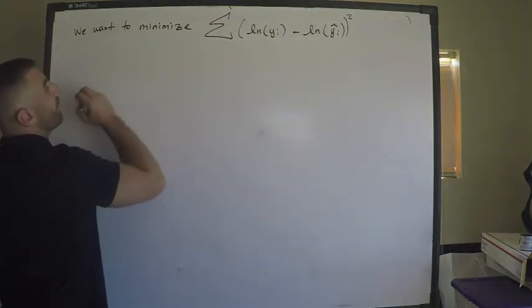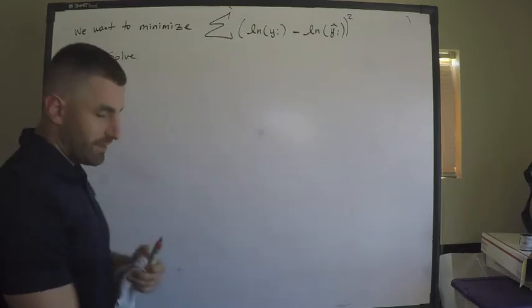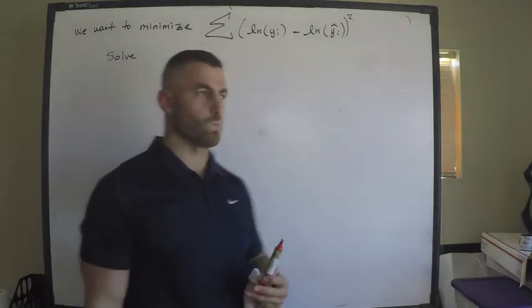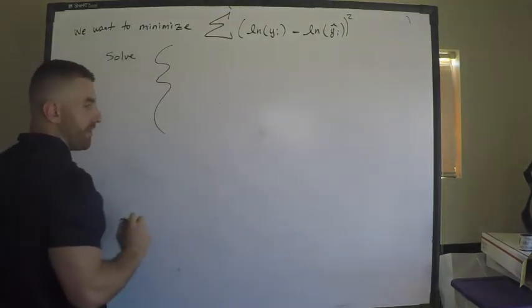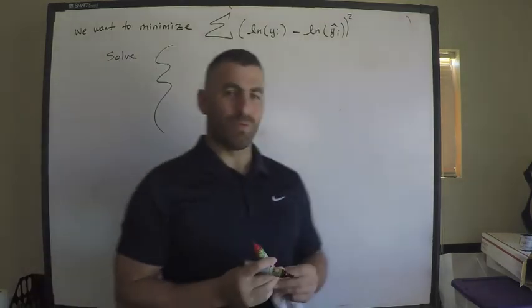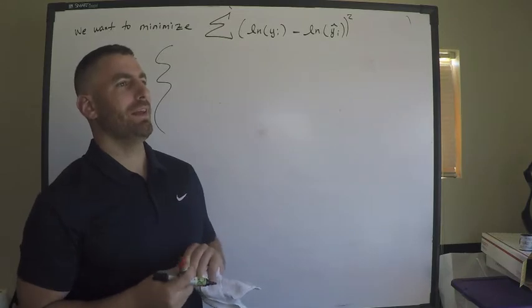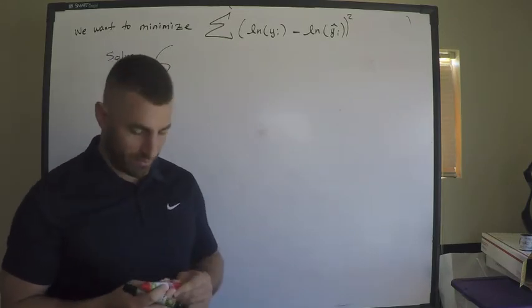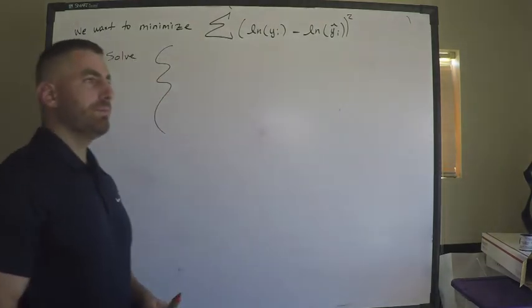So we're going to have to solve a system of equations. Let's think about this for a second. Whenever you want to minimize something, think back to your calculus class, this is essentially an optimization problem.